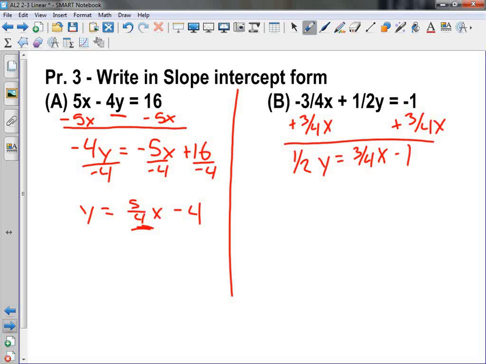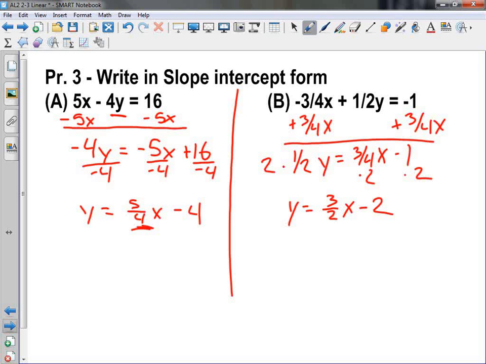All right, then what do I need to do? How do I get rid of a half? I can divide by half. Dividing by half is the same thing as multiplying by what number? 2. So that will be 3/2 x minus 2. Both those are in slope-intercept form because the y is by itself.